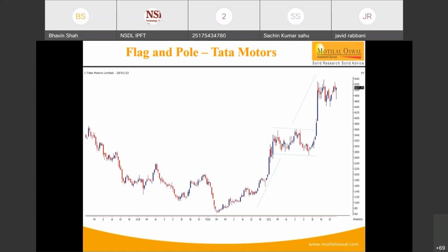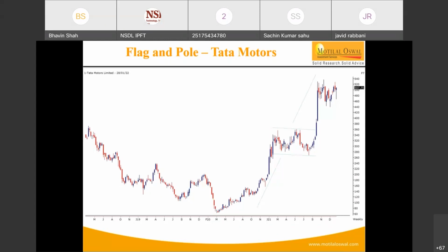Similarly, the flag and pole, which we had seen earlier, is also seen currently. If we take the lower levels of 260 to 520, that's again a pole. And again, the stock is consolidating in a range of 440 to 520.